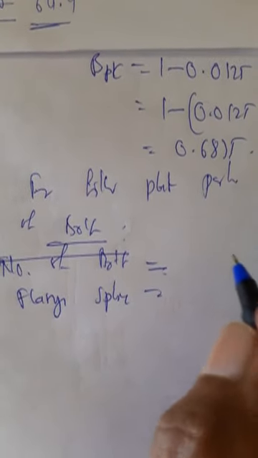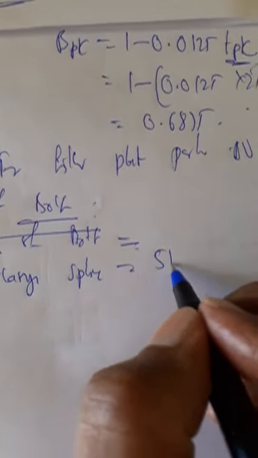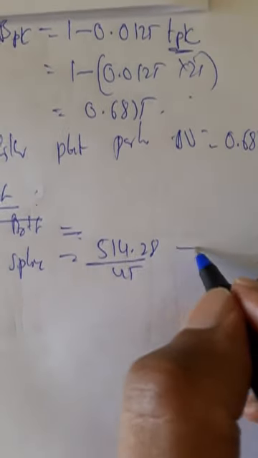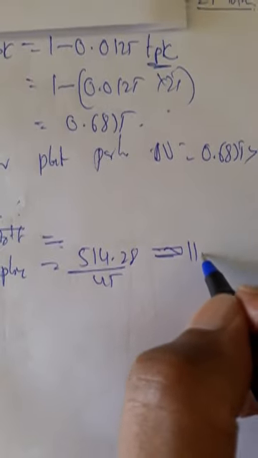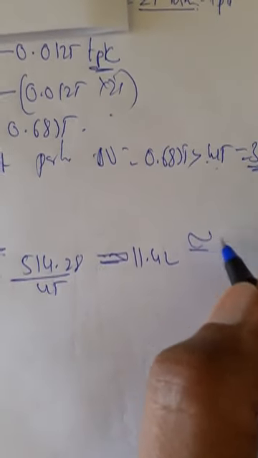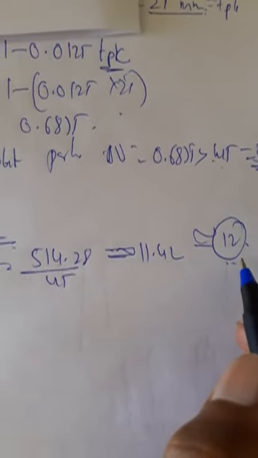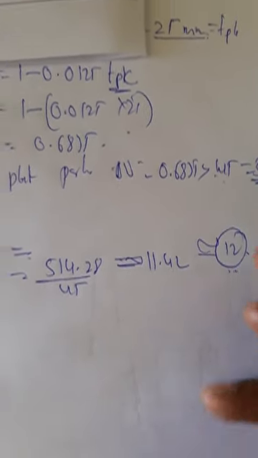Total number of bolts is given by load. So load is 514.28 divided by bolt value 45. So you have the answer 11.42, say 12. Always remember, in case of these connections, the number of bolts should be an even number, 12.